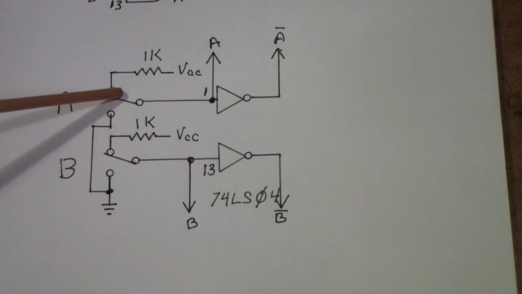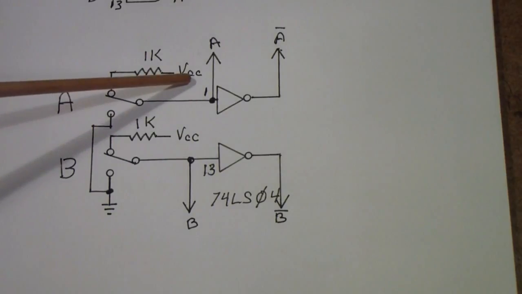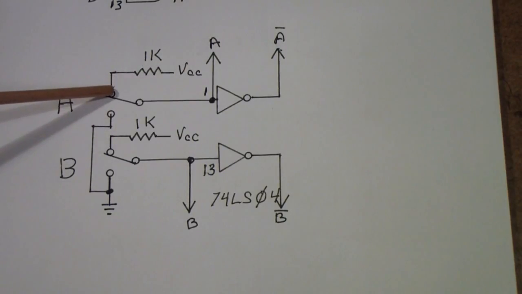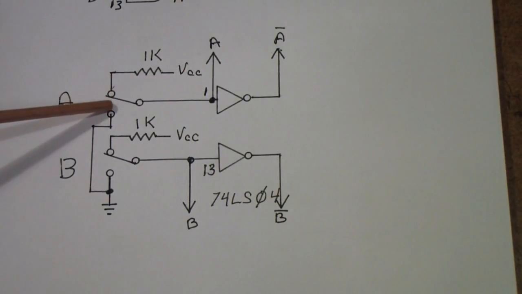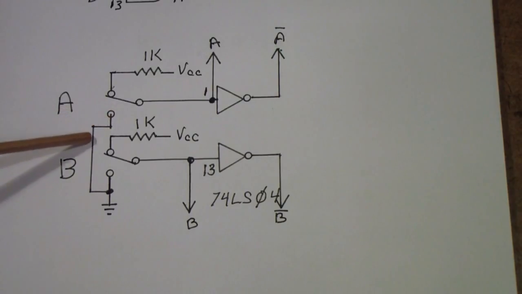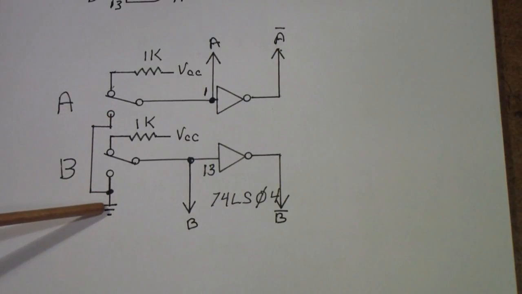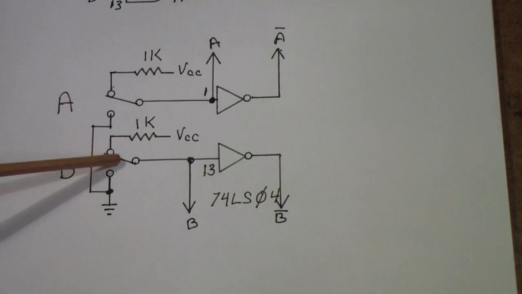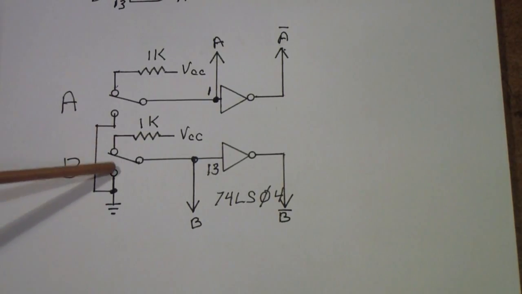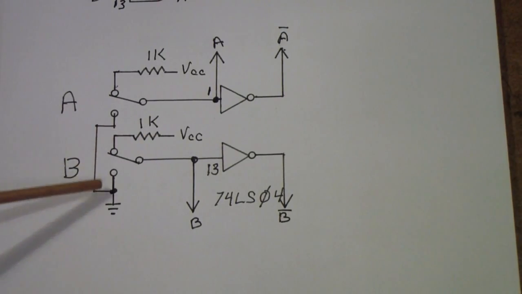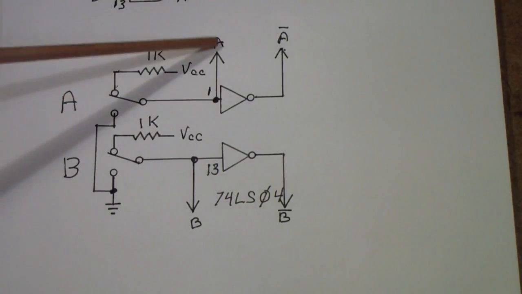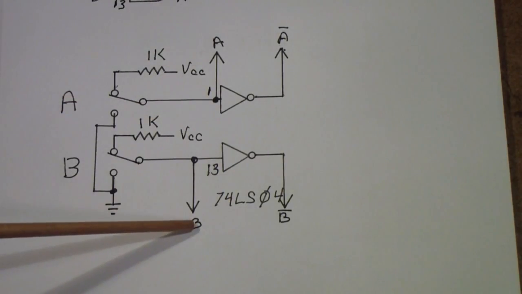When the switch is in the up position, A is true. In other words, it's tied to VCC, it's a 1. When we switch to the bottom position, it's tied to ground, which is a 0. The same is true of B. Up position is a 1, down position is a 0. So this gives me an A signal and a B signal.